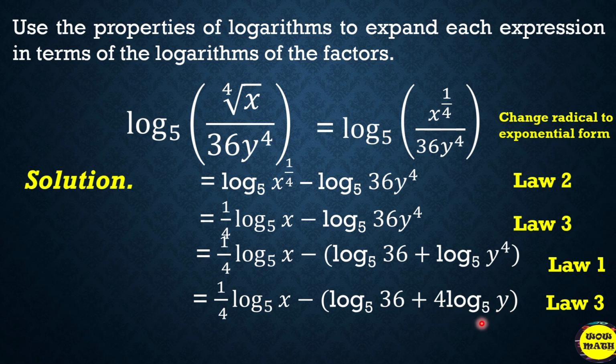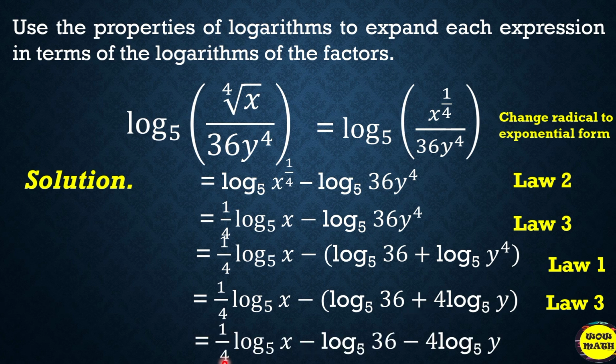So what will be the final answer? Kasi kailangan natin i-distribute yung negative sign dito sa loob ng parenthesis natin. So therefore, the final answer is 1/4 log of x with base 5 minus log of 36 with base 5 minus 4 times log y with base 5. So this is the final answer.